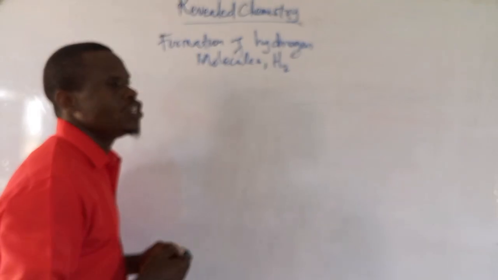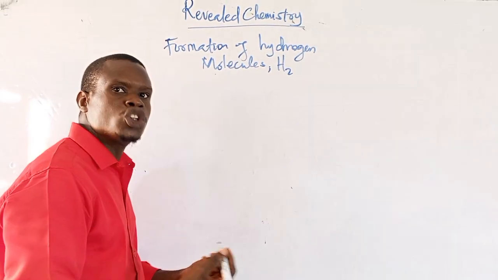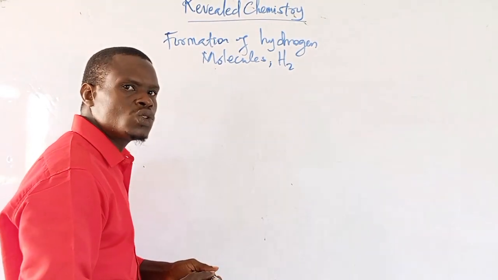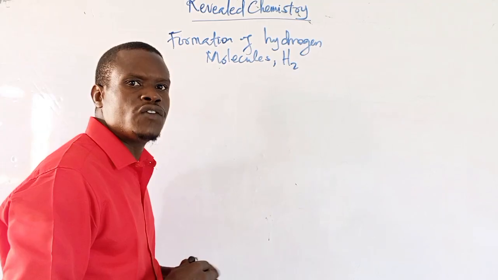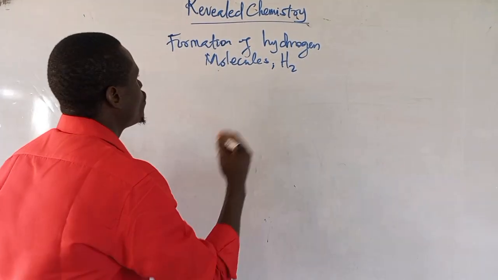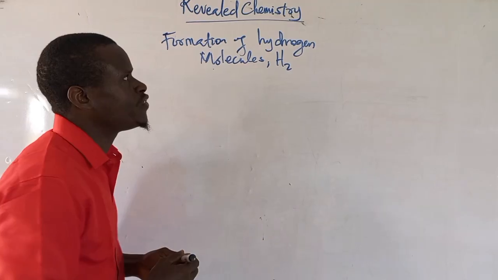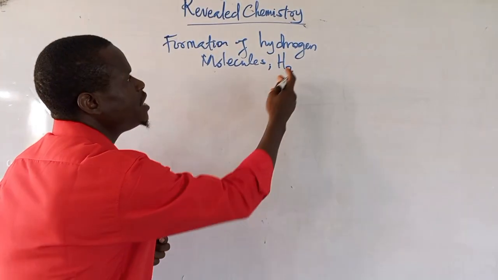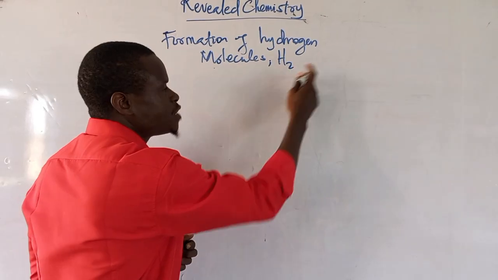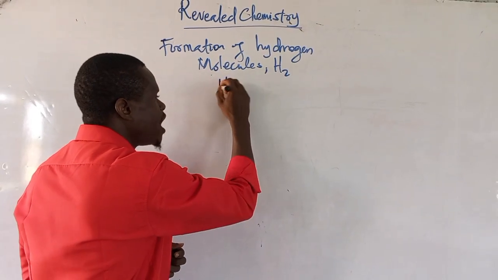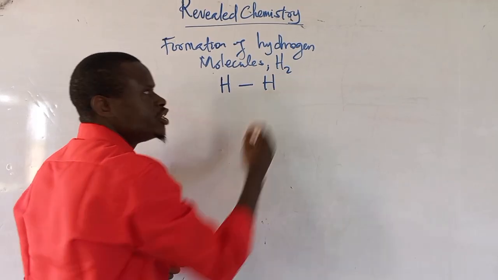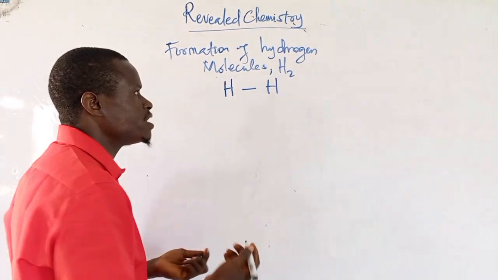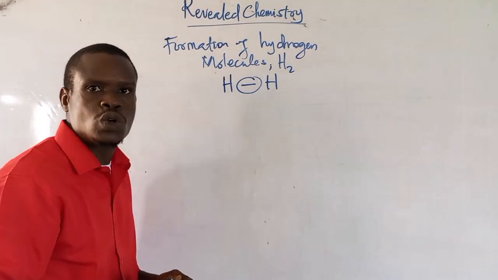In covalency, you work on their quantum shells. Covalency deals with the shells of each of the electrons. So firstly, the formation of hydrogen molecule is diatomic, which means you have one hydrogen and another hydrogen existing in covalency. And this is the bond separating the two of them.